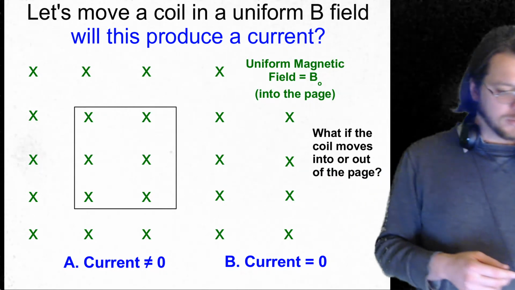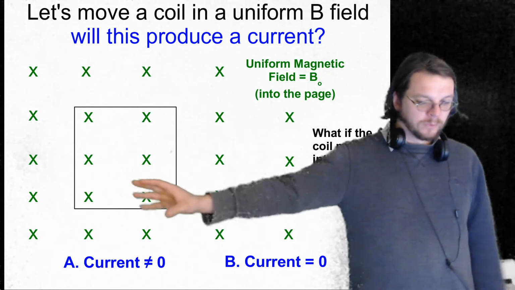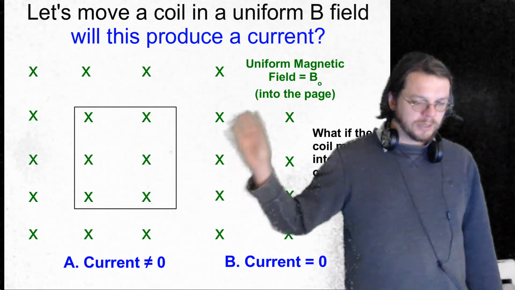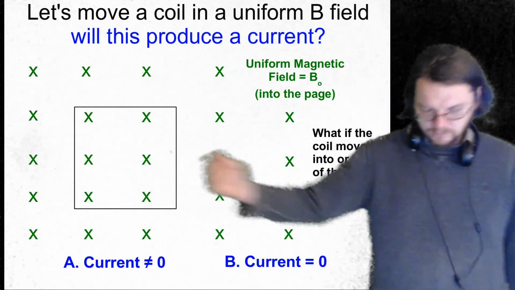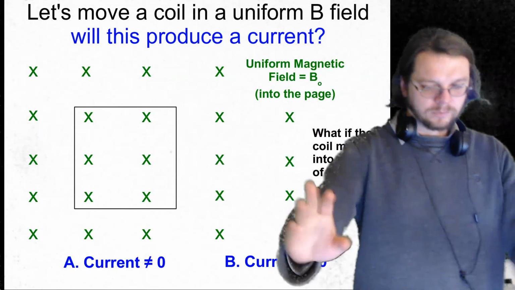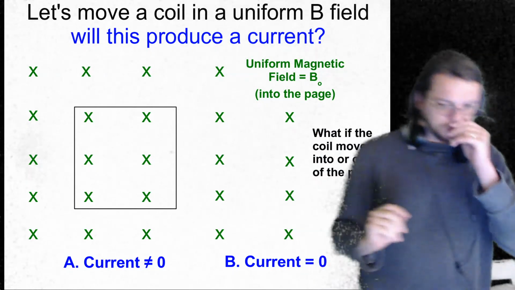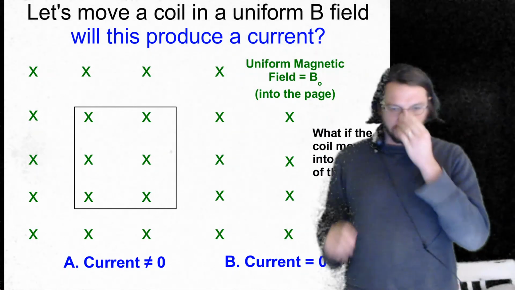Let's try another situation. All right, what if the coil moves in and out of the page, sort of like coming towards you? Would that in turn create a current?